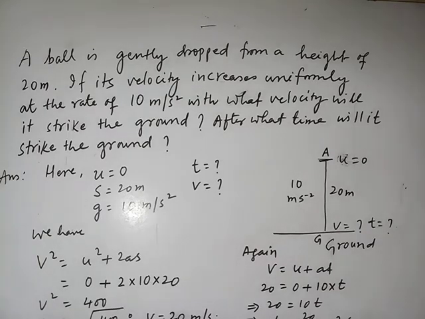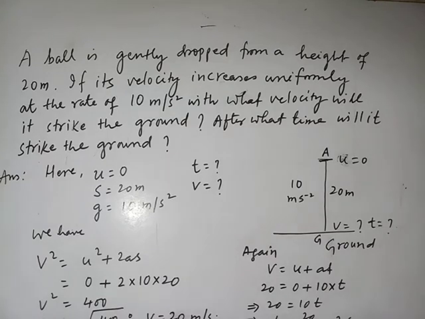So you can write the answers anywhere. V is equal to 20 meters per second, and t is equal to 2 seconds. So this is the answer. We must write the answer at the end. This is important.